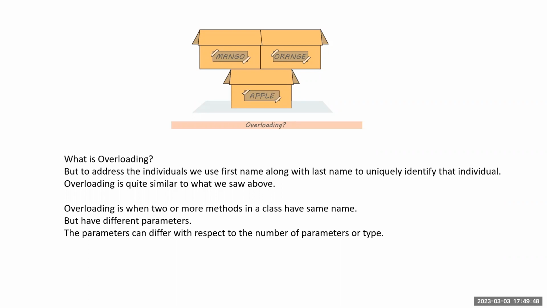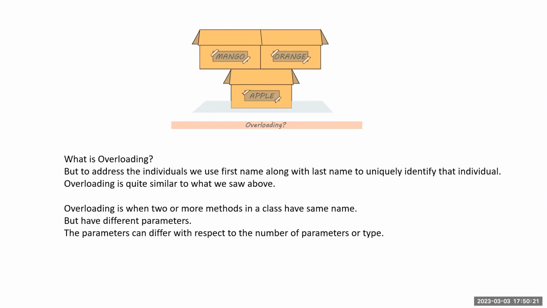So let's say you have a method for addition of numbers. Addition of two numbers is the first method we have, and if I wanted to do addition of three numbers, what will we do? We will write one more method with the same name, but the parameters will be different.